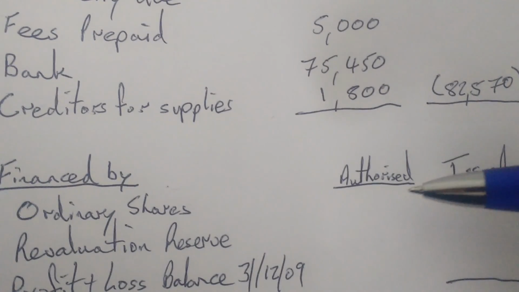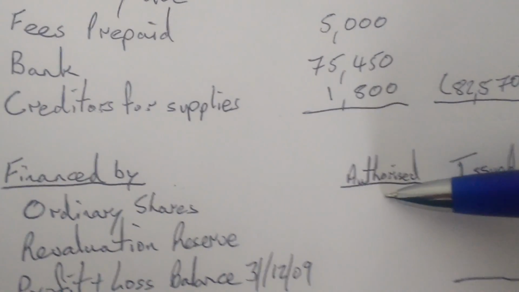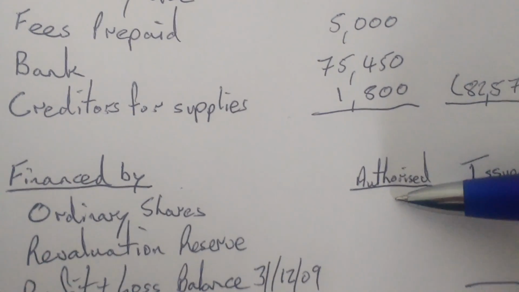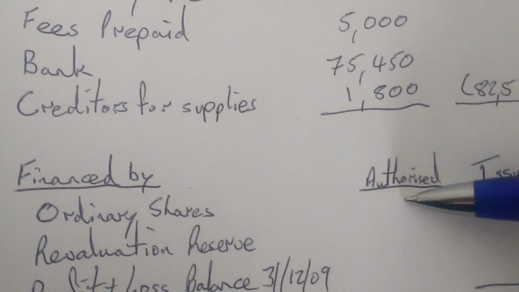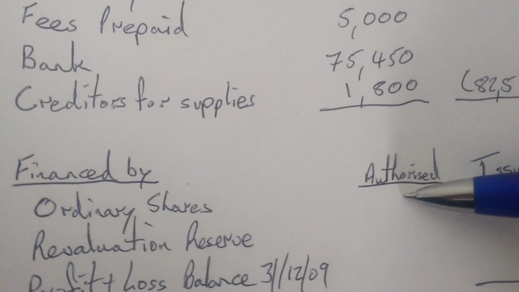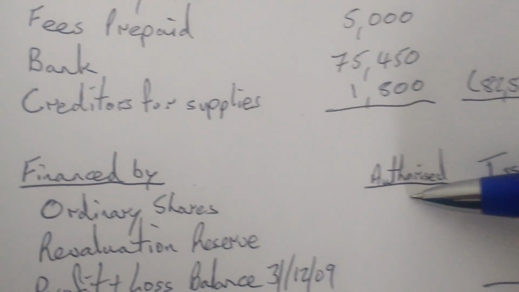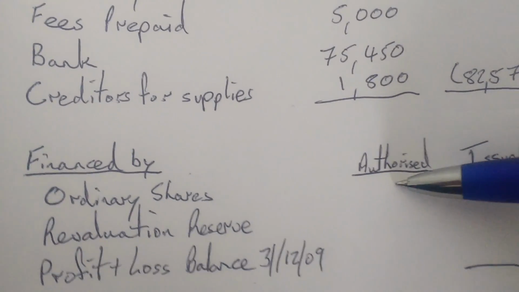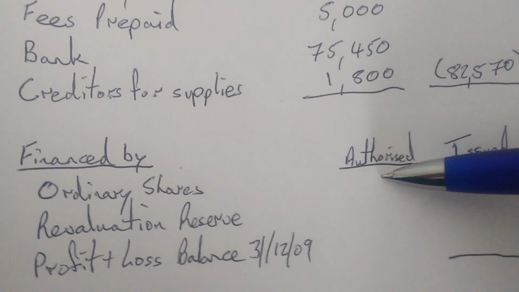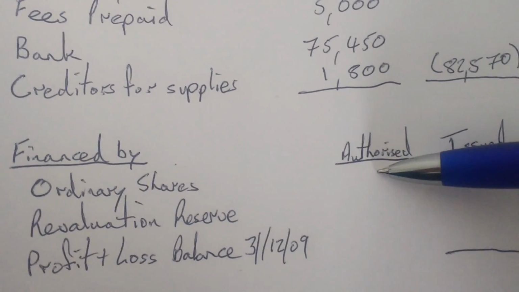Now you must always put in the authorized capital figure in the balance sheet as well as the issued capital figure, even though it doesn't play into any of your calculations. It's just written down and then you don't add it to anything or subtract it from anything, but there is often a mark going for it anyway.